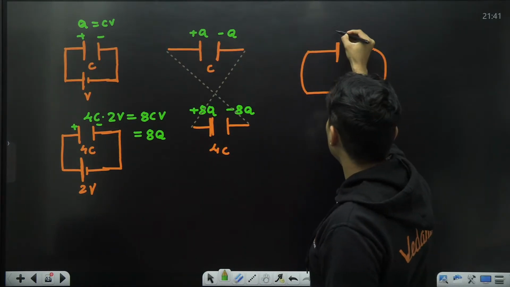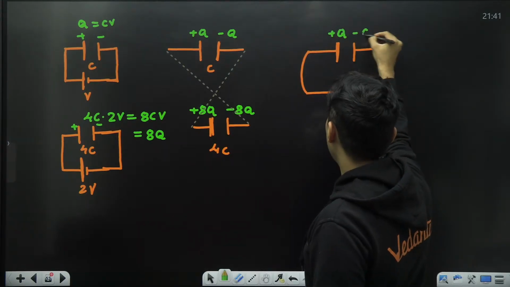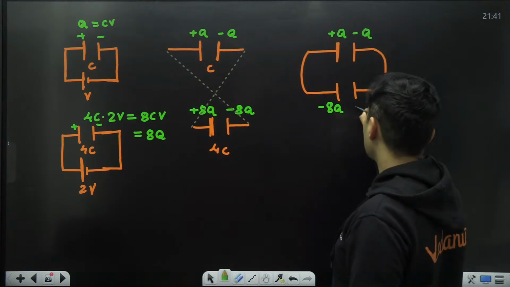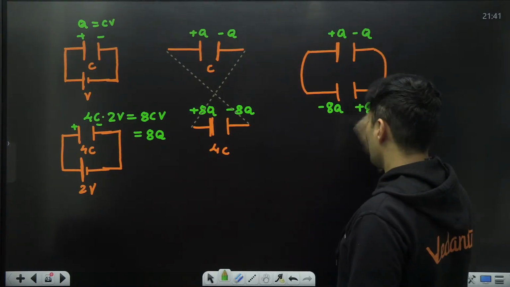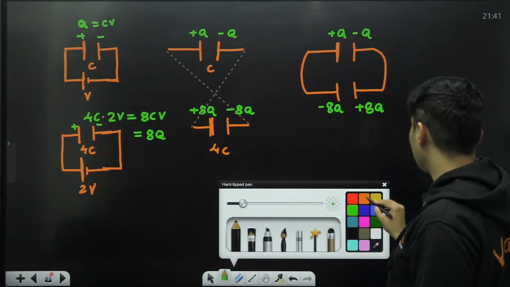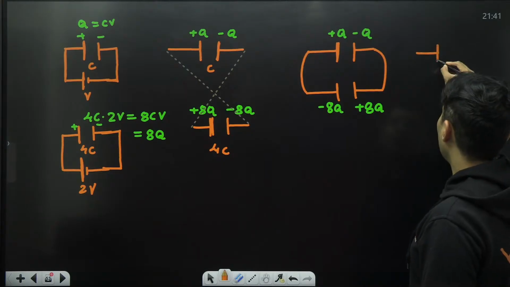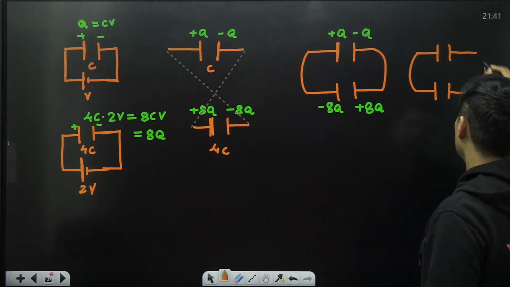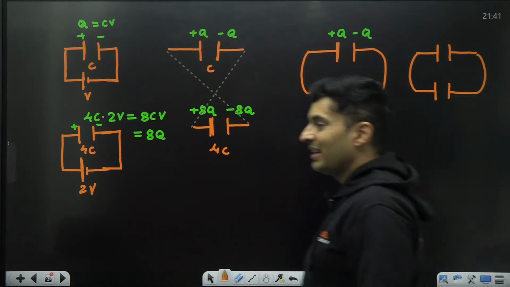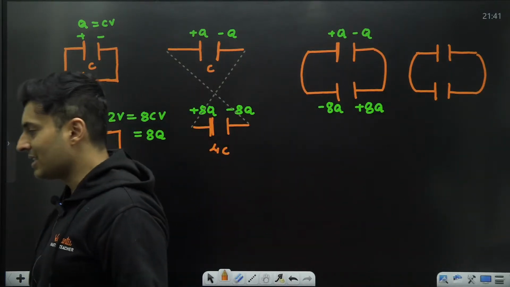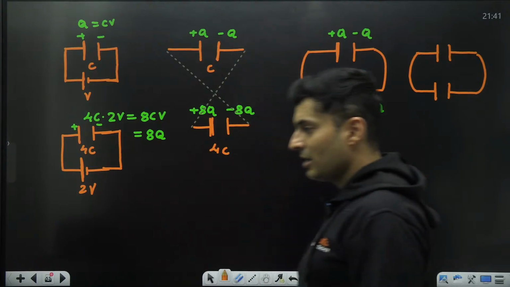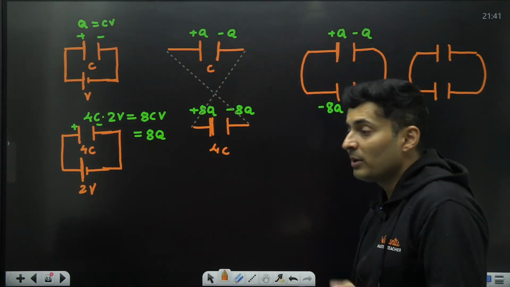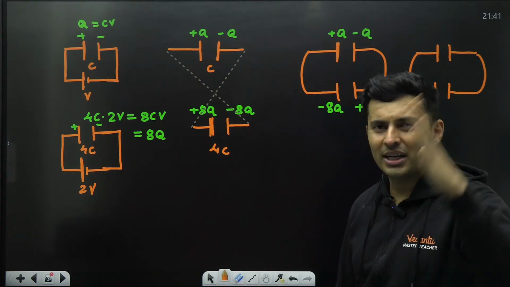So we have over here plus Q, minus Q. Plus Q is connected to minus 8Q and minus Q is connected to plus 8Q. So eventually what will happen is that these charges will now get distributed. But not in equal amounts because the capacitances are not same. But what will be the ratio? Oh my God, that is a headache.